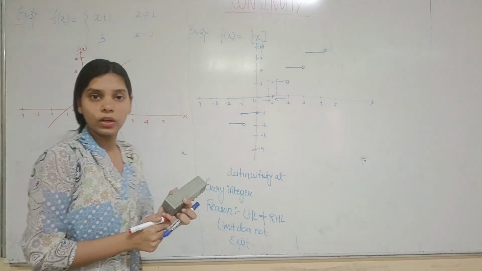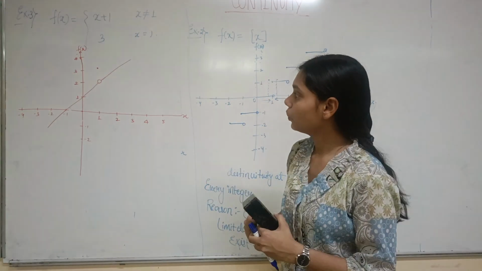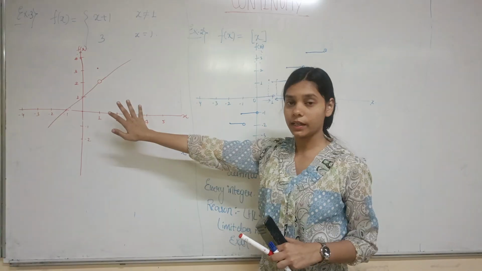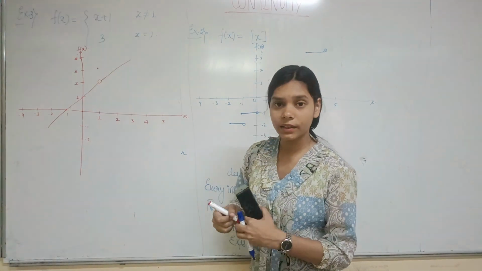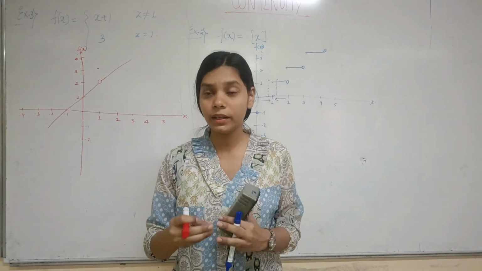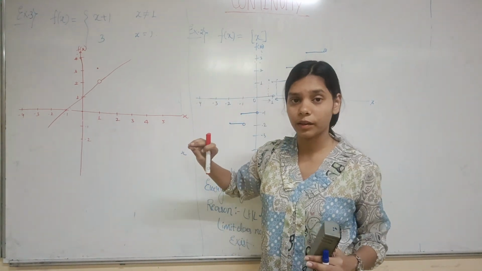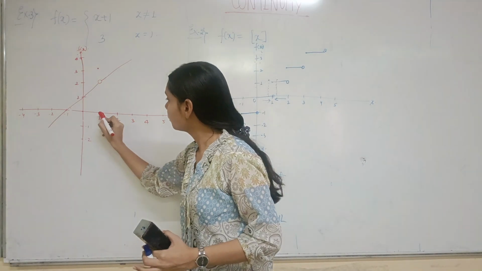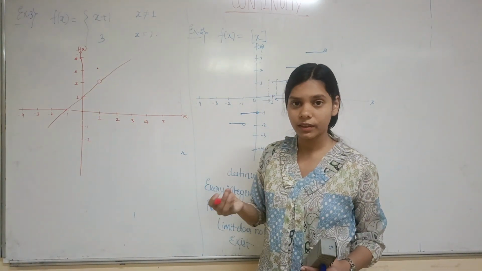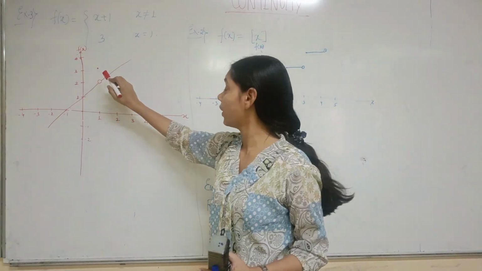In this way we can draw the given graph, right? Now you can observe that this is a discontinuous graph, because there is a gap. But at x equal to 1, the point is in the domain, and the value of the function there is 3. You can observe that, students, it is very important.